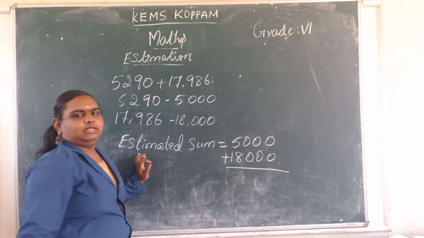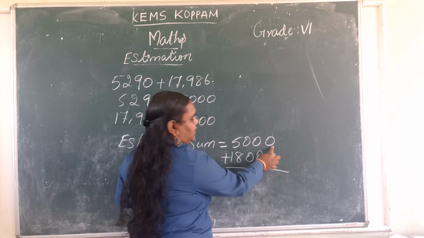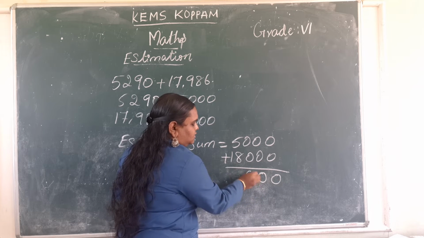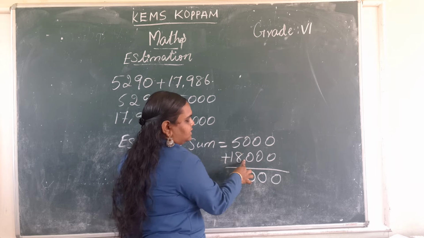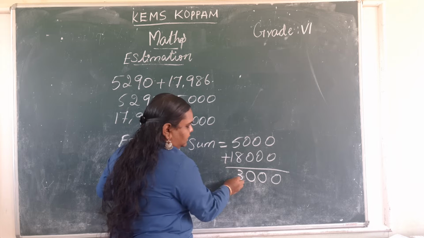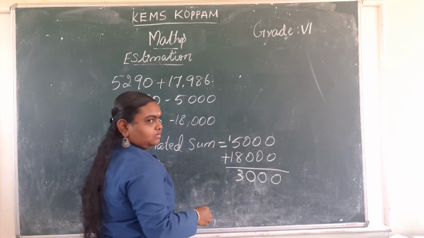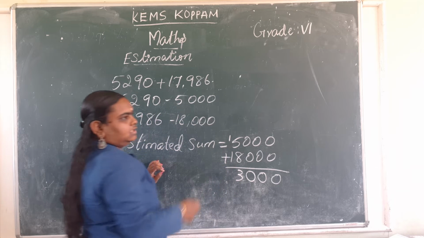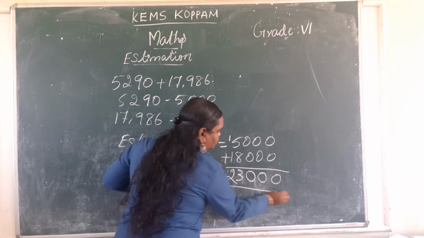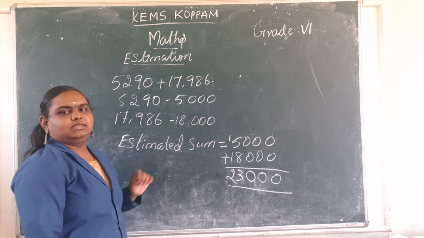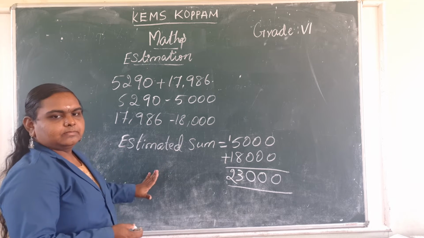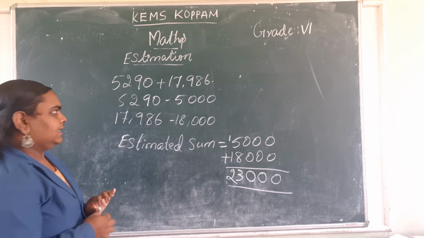Now we have to add these two numbers. 0 plus 0 is 0. 0 plus 0 is also 0. Then 8 plus 5 is equal to 13. So 13, remaining 1 is carried above the number 1. So 1 plus 1 is equal to 2. So the answer is 23,000. Is it clear? I'll explain once again.